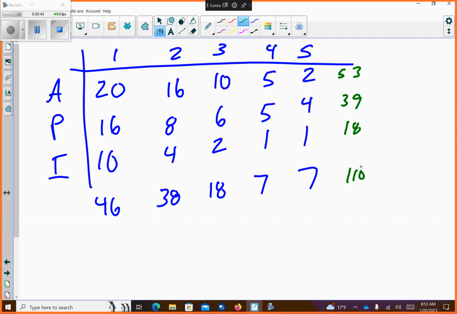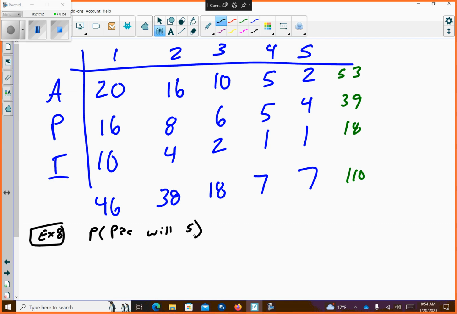Now we're going to talk about conditional probability. It's a little different. Conditional probability always asks for the probability of an event given a condition had taken place. So example 8. I want the probability that a Pacific hurricane will be a category 5.